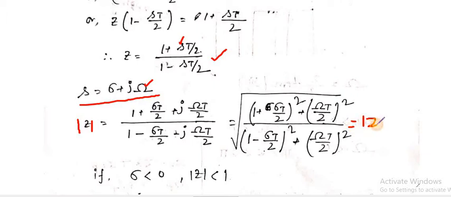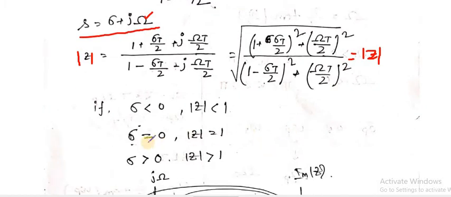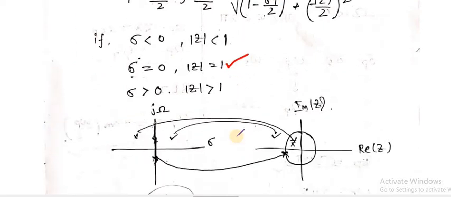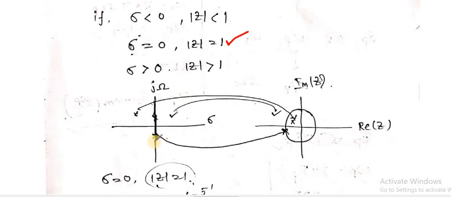Now if we set sigma equal to 0 here, then mod Z is 1. It is very obvious. What does it mean? This is the S plane and this is the Z plane.